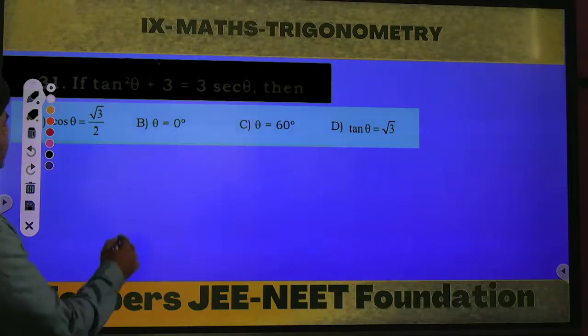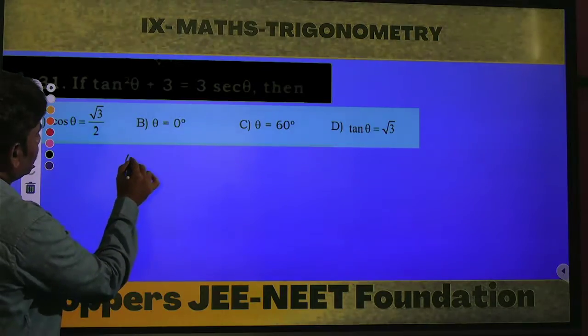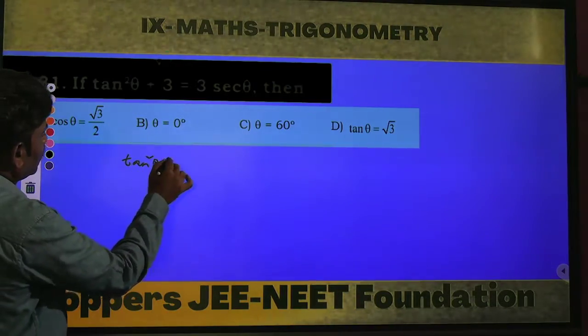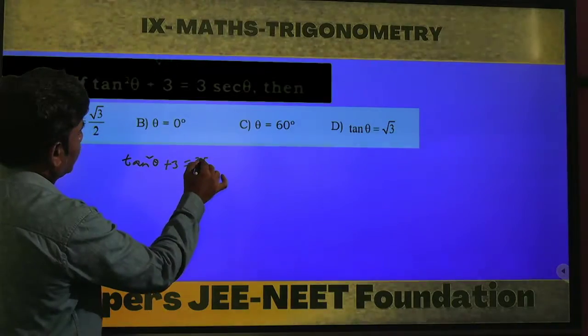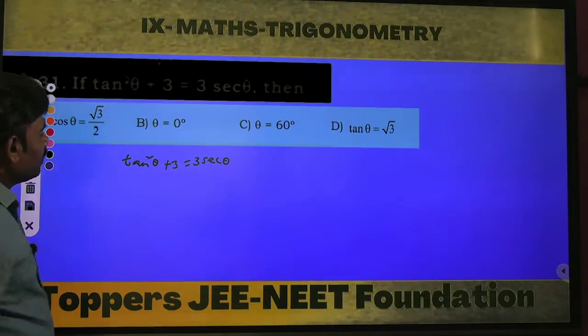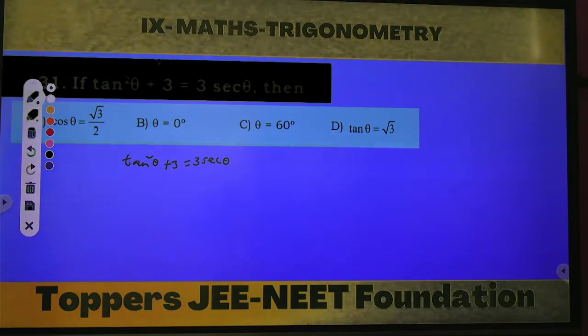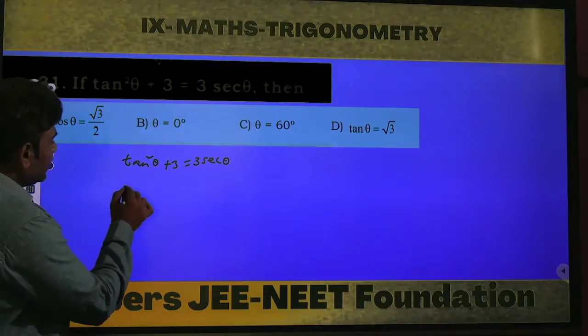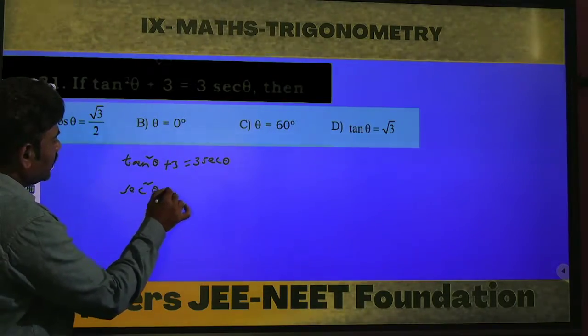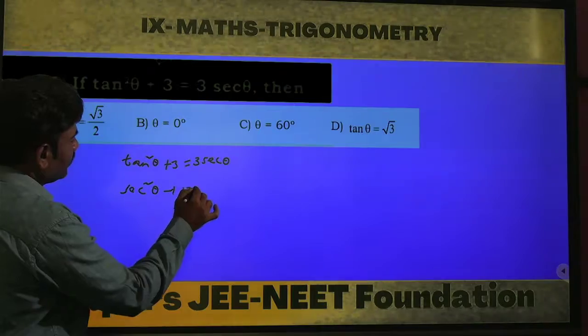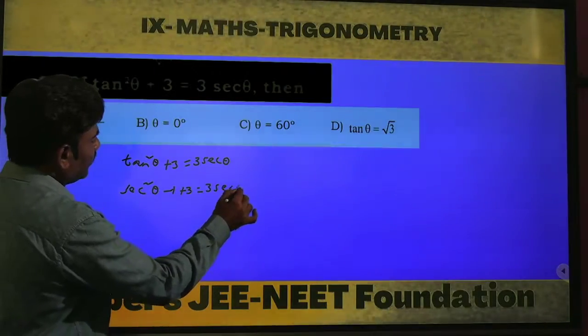Okay, tan square theta plus 3 is equal to 3 secant theta. From second trigonometric identity, we can write the value of tan square theta in terms of secants. We write secant square theta minus 1. Secant square theta minus 1 plus 3 is equal to 3 secant theta.